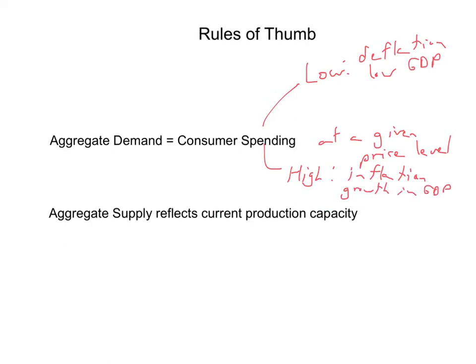Also, aggregate supply does not equal output. Okay, output is on one of our axes, right? It's on the x-axis. No, instead, aggregate supply reflects our actual production capacity, right? So it kind of looks like that. And we get this vertical asymptote. Hopefully you guys know what this means. If you don't, you can look it up.